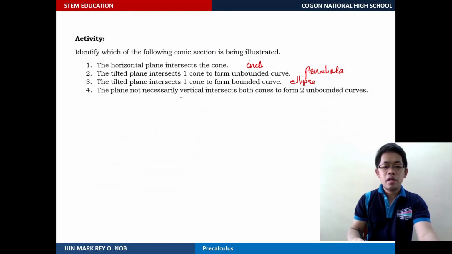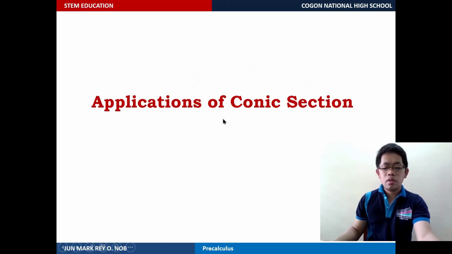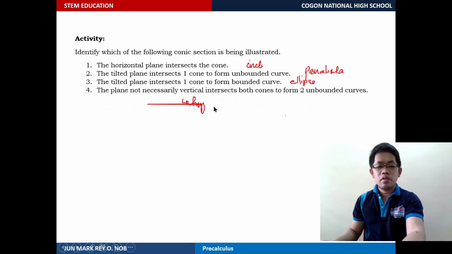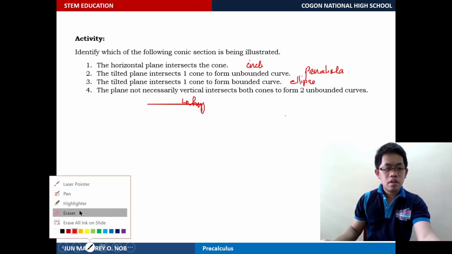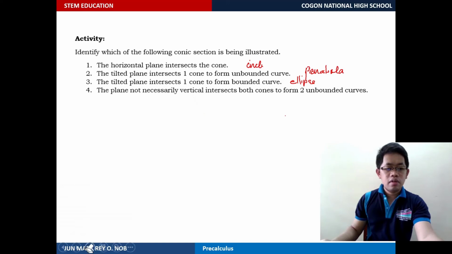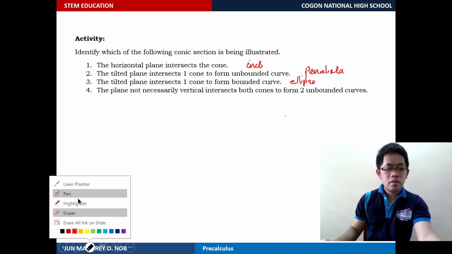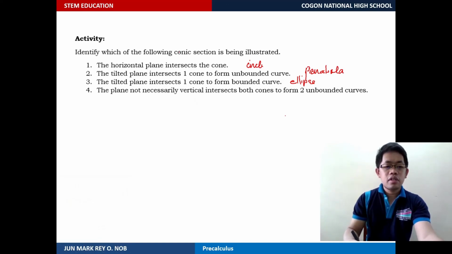So number 4, our answer to this is, so we can erase this one, number 4 is actually a hyperbola.